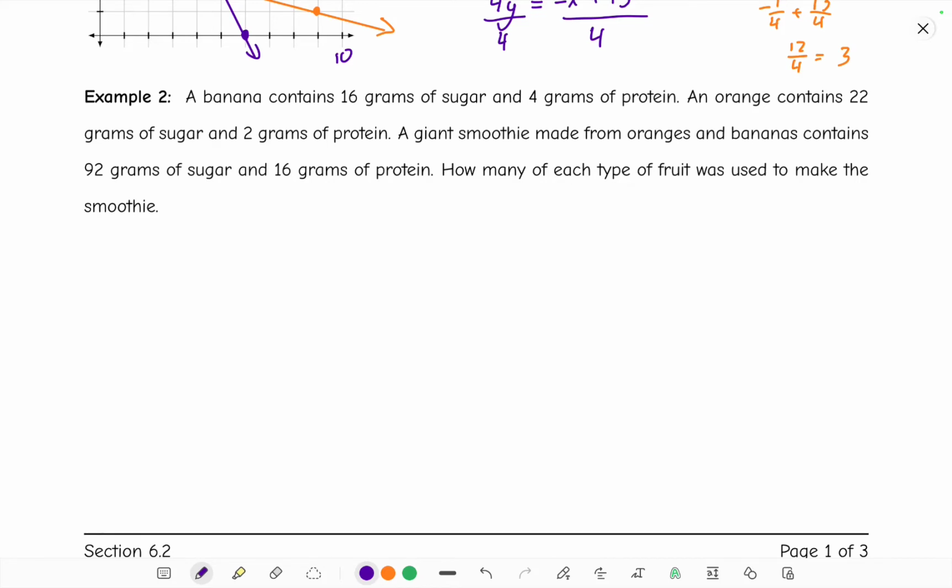So again, before I get started, I'm going to label my unknowns. And that is how many bananas, which I'll call X, and then how many oranges, which we'll call y. Now this one might be a good idea to set up with a table. So bananas, oranges, smoothies.